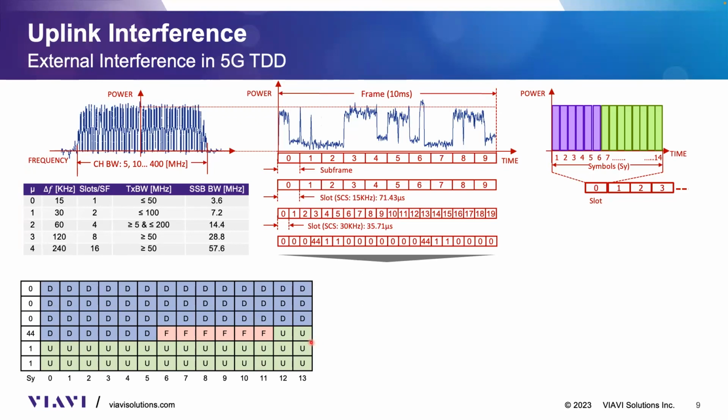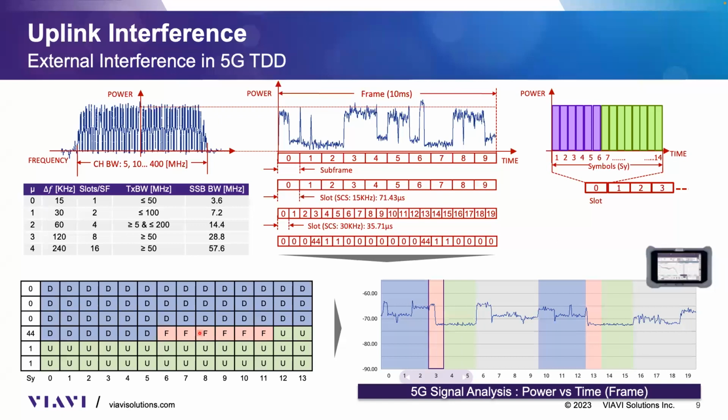So again, this is a little bit more challenging because of the timing that we have here in 5G mid-band, where the assignment is being done by symbols, not by subframes, if we take the LTE signal as a reference. So as an example here, we see the assignment in time. I use the same color coding for the downlink, the flexible, and the uplink.